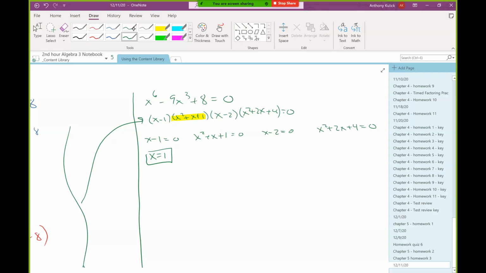And I can't simplify anything more, so that's just going to be my final answer there. x minus 2 equals 0, we'll just add 2 to both sides. And then similarly, x squared plus 2x plus 4, we're in the same predicament as x squared plus x plus 1, where it's not factorable. So we'll just use the quadratic formula again.